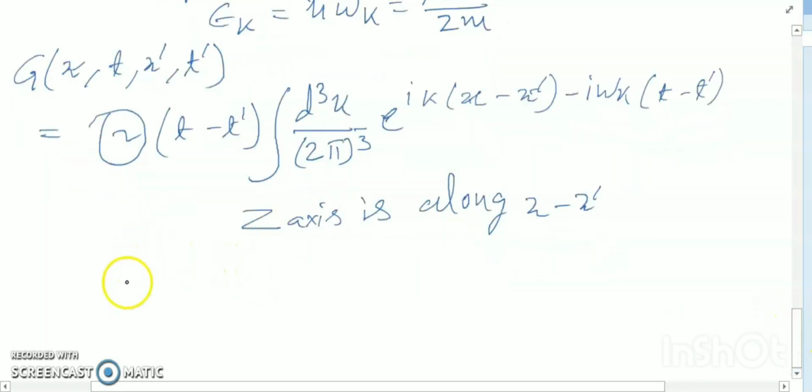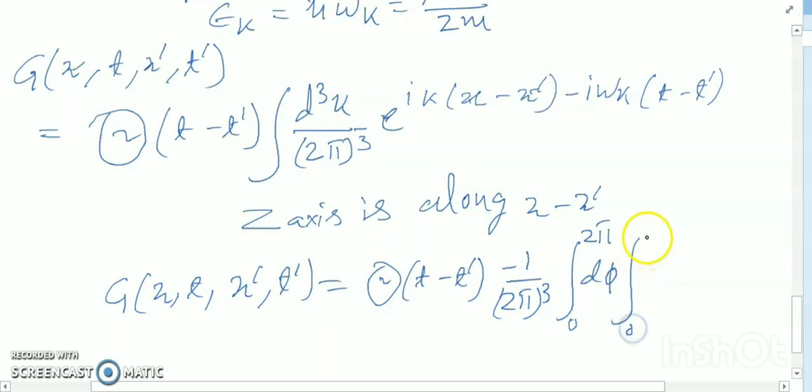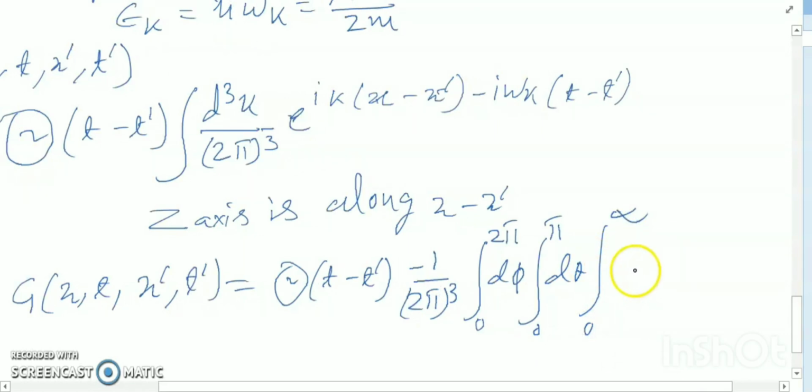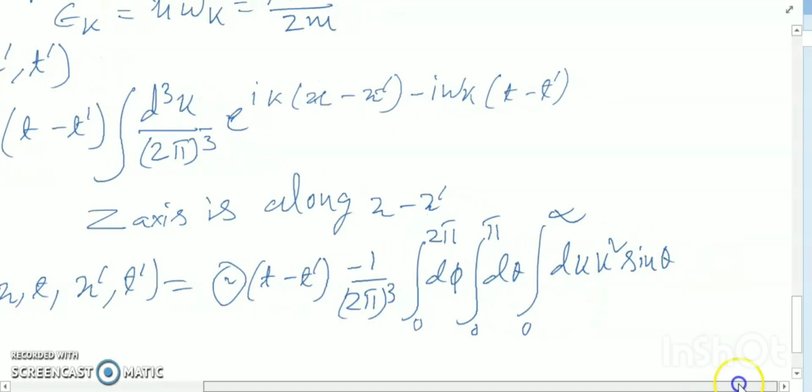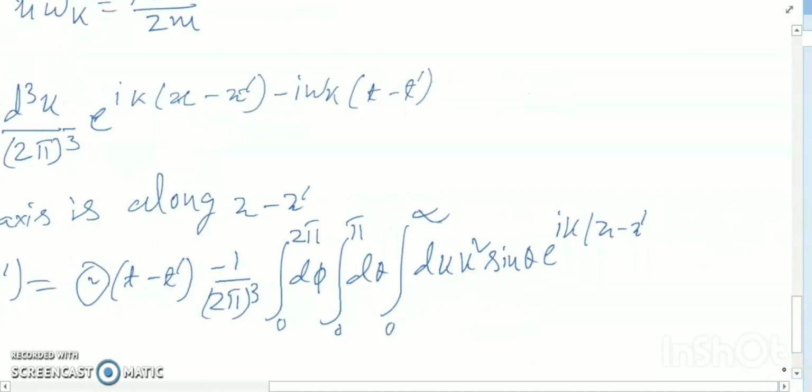So we get G x comma t, x dash comma t dash equals capital theta (t minus t dash), 1 by (2 pi) whole cube, integral 0 to 2 pi d phi, 0 to pi d theta, and 0 to infinity dk square sine theta, e to the power i k (x minus x dash) cos theta.